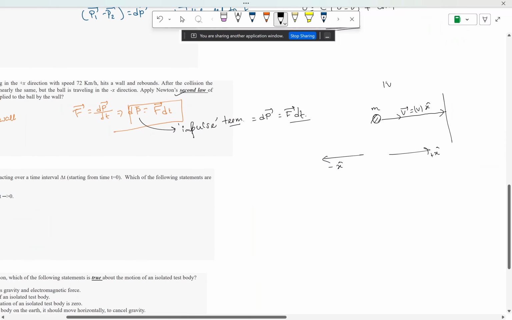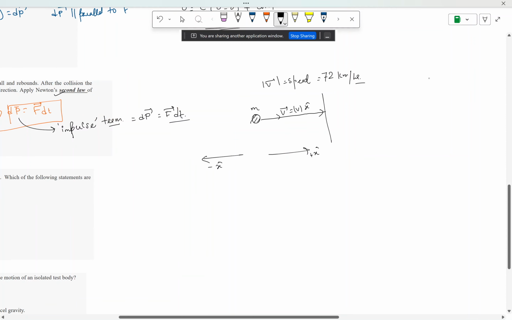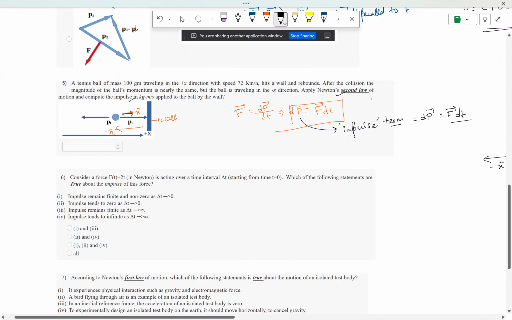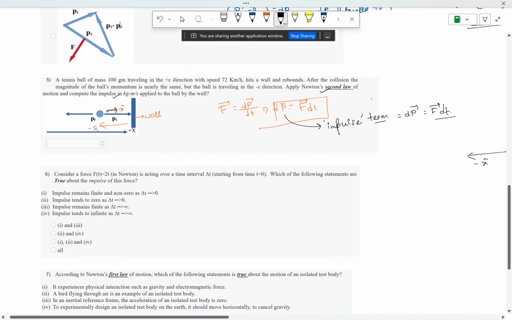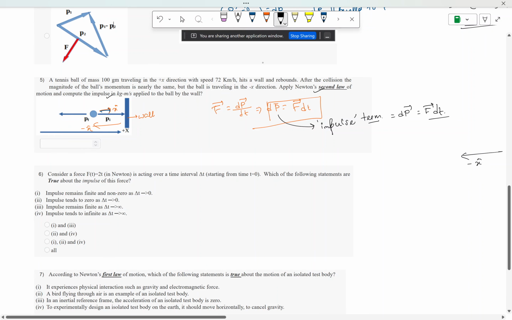This magnitude, the speed, is 72 km per hour. If you take your calculator and convert it into meter per second, because the final answer they are asking for is in units of kg meter per second, you have to convert it into meter per second.